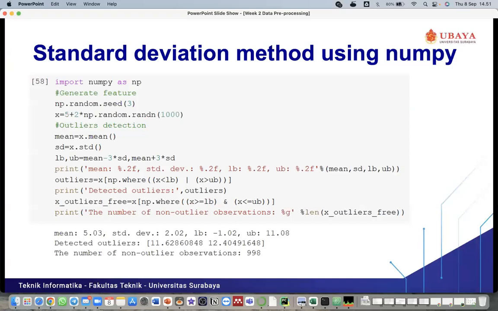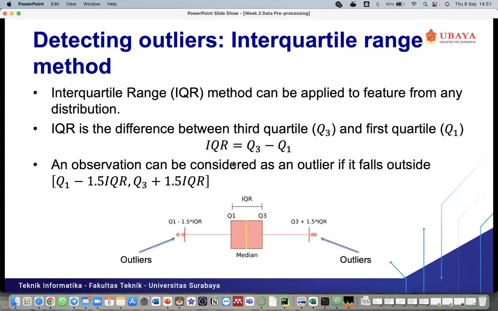Okay, the next one is detecting outliers by using the interquartile range. Yeah, it's similar to the standard deviation. The interquartile range or IQR method can be applied to features from any distribution.